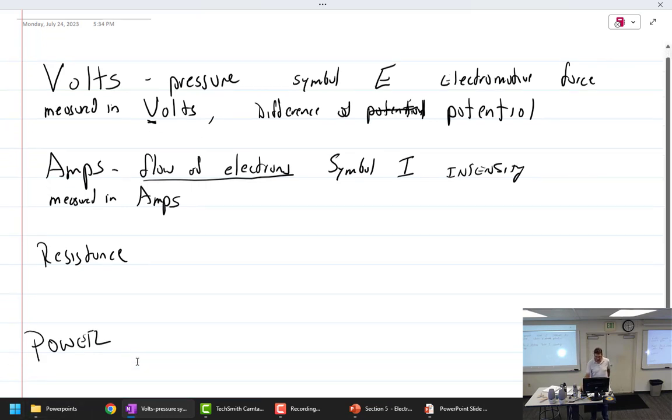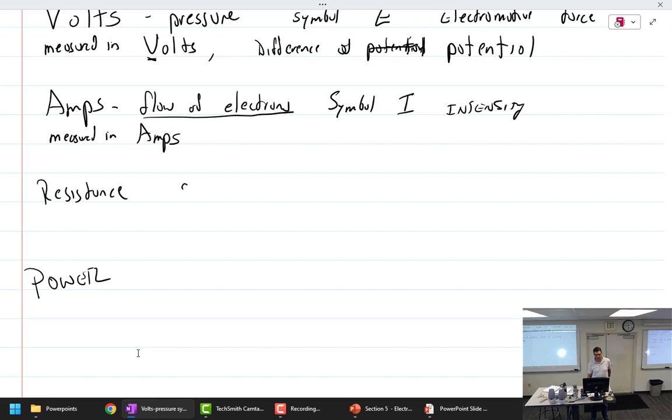Then we have resistance, and the symbol is R, which stands for resistance. It is measured in ohms.